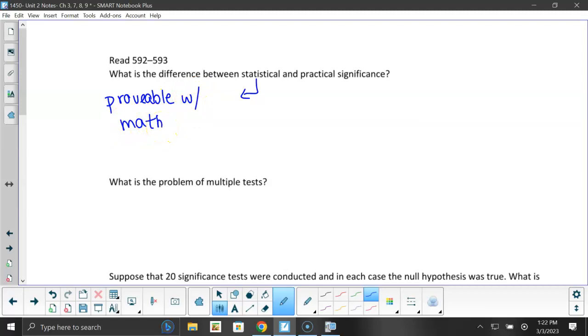Can be backed up with math. Proven with math. Whatever. I just wrote prove and then able at the end. All right, practical significance is, any moron with 2 brain cells can see it, maybe? Common sense, yes.